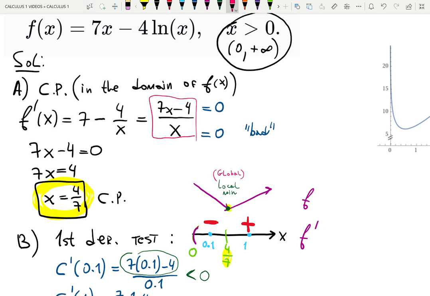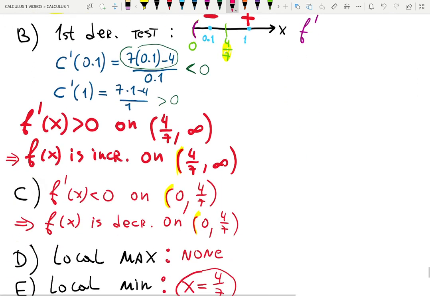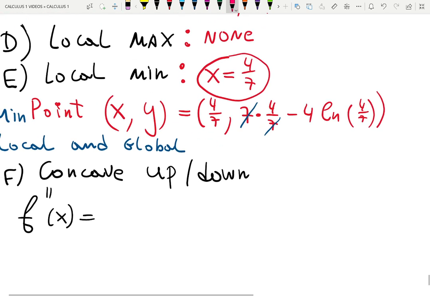And now I need to differentiate again. Choose your enemy. Which one do you want to differentiate? 7 minus 4 over x, or, using the quotient rule, 7x minus 4 over x. So in this case, I actually like the original version, 7 minus 4 over x. I'll differentiate that. Just looks nicer.